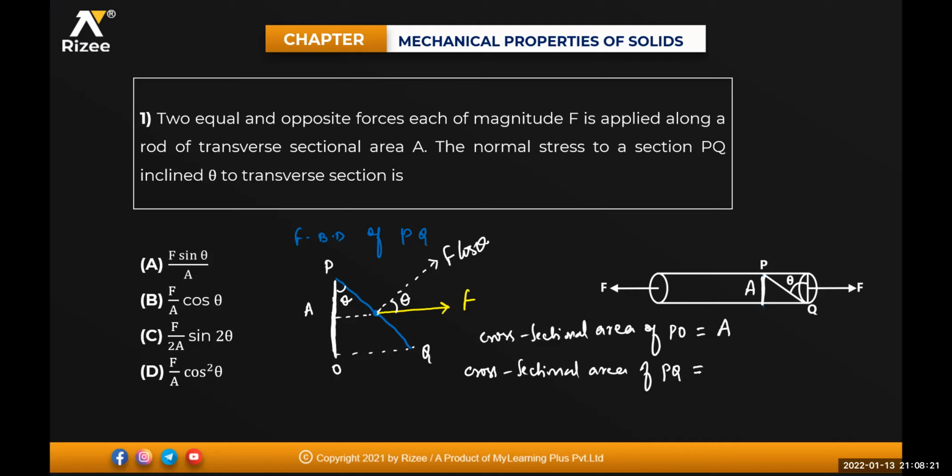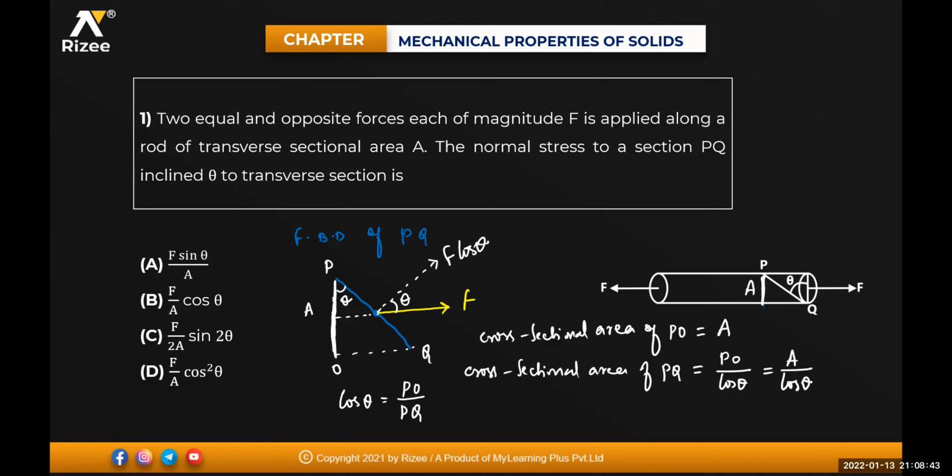PQ will be equal to PO divided by cos theta. From the figure, cos theta equals PO divided by PQ. So the cross-sectional area of PQ is PO divided by cos theta, and PO is A, so it is A by cos theta.